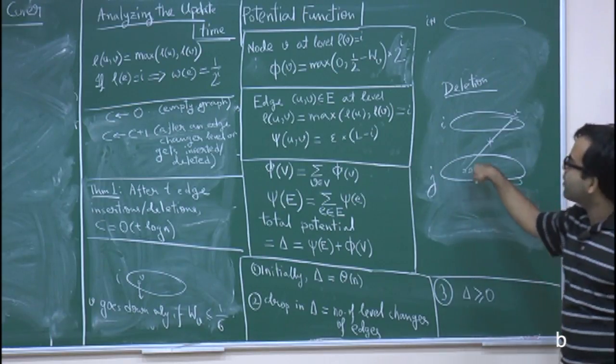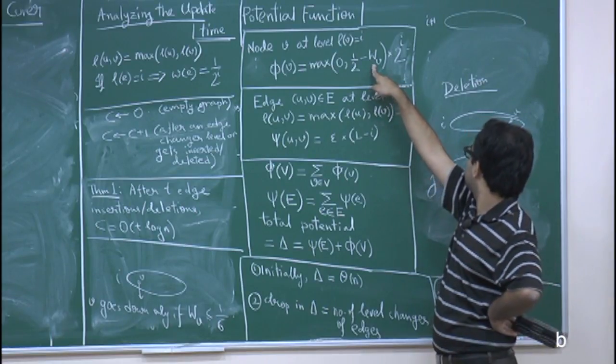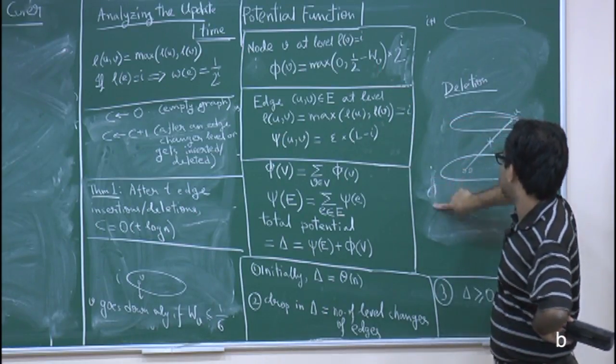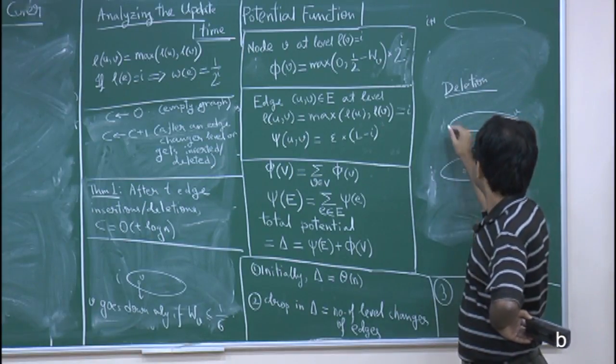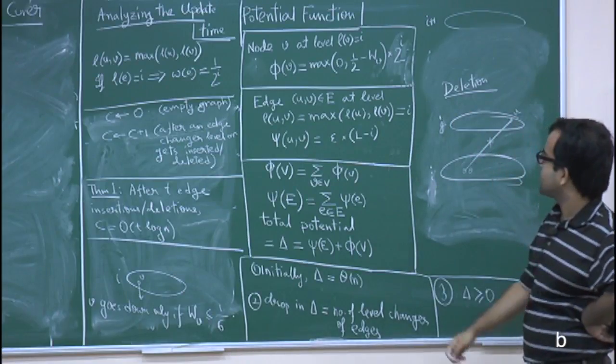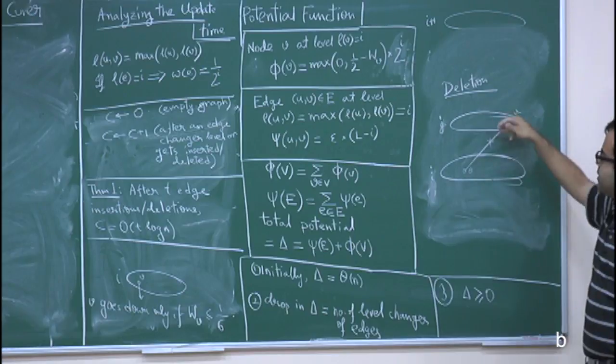You just need to look at by how much the weight of V will change. Let us say this is I and this is j, so that there is consistency in the notation. So, V is at level I, this is at level j. So, by how much will the weight of V change if you delete this edge?